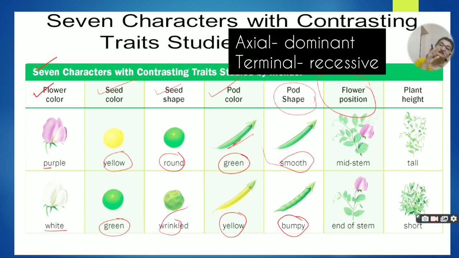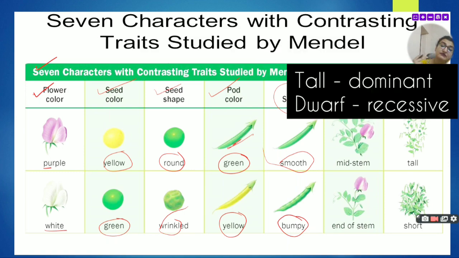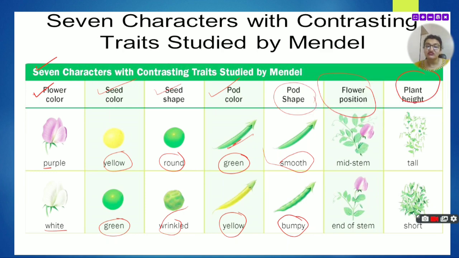Whether the flower is present at the end or maybe it is present in the center. The two alternative terms used for them are axial or terminal. Axial is in the center and terminal is at the end. Now, an important and major character was the plant height. The plant was either tall or short. These were the different characteristics that Mendel has taken.